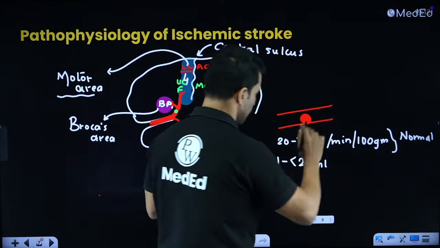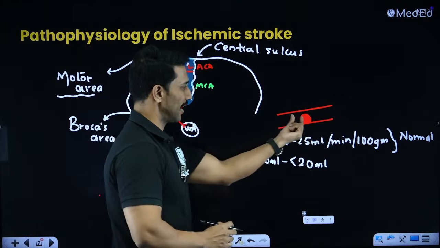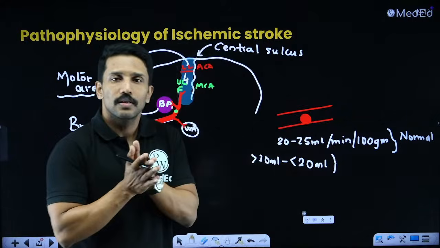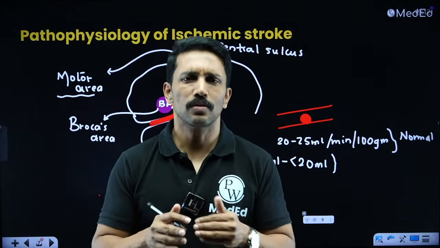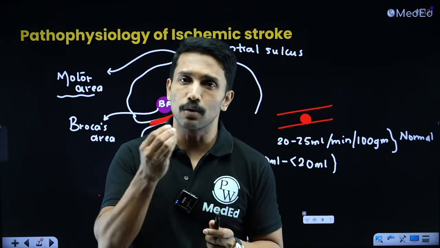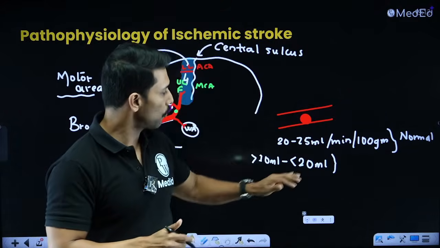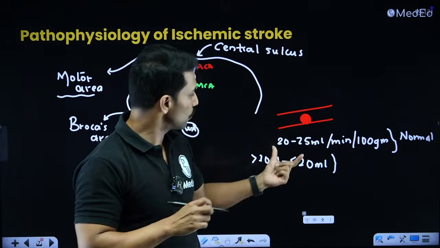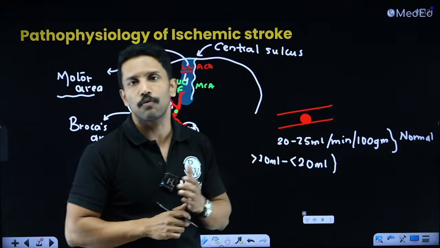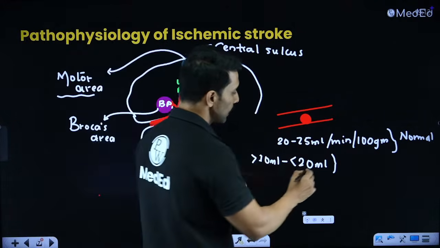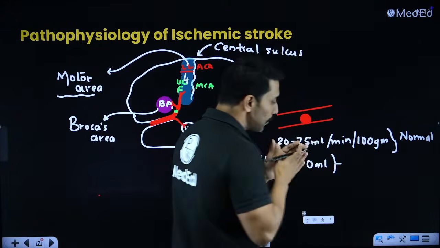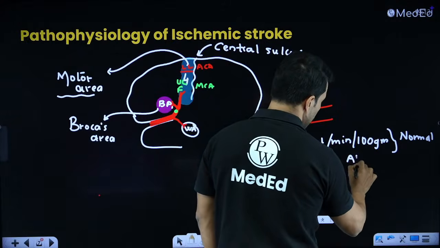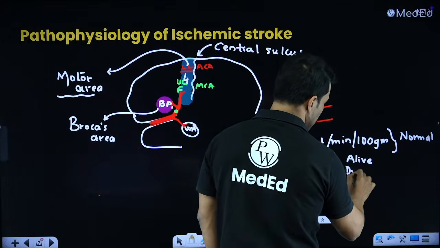If this is the range in which the blood flow is occurring as the clot becomes bigger, with this flow the neurons can still survive, because for survival, whatever ATPs they need to spend, they are able to generate from whatever blood supply we are giving. But they can't work, because for them to work we need to provide 20 to 25 ml per minute of flow. If I'm not giving that much flow, the neurons become dysfunctional, but they are alive.